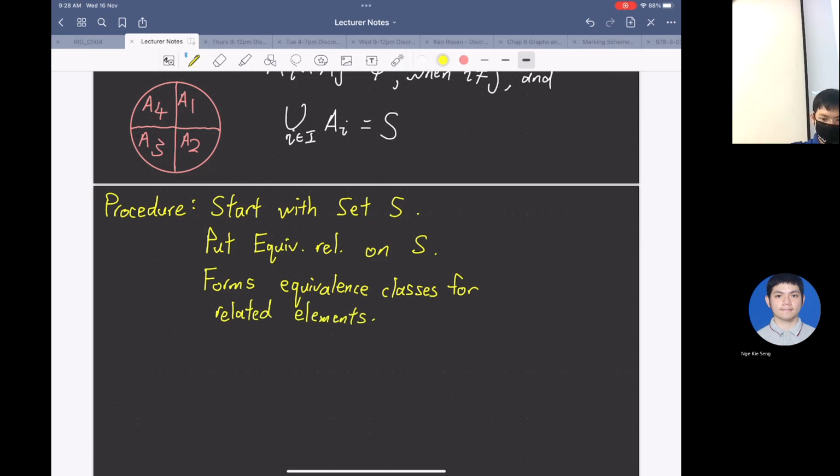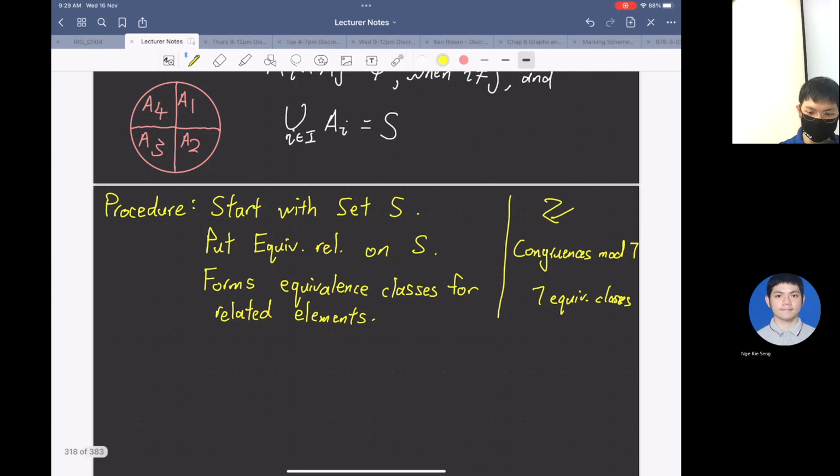In your mind, you should have another example going on: Z, the integers, with congruence mod 7. How many equivalence classes do we have here? We get 7 equivalence classes.